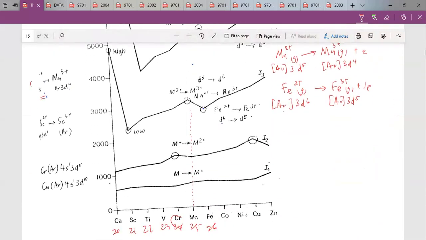Now the first one is about the same because the value of ionization energy depends on two things. One, of course, the nuclear charge, the amount of positive charge from the protons. Secondly, the atomic radius, or ionic radius depending.